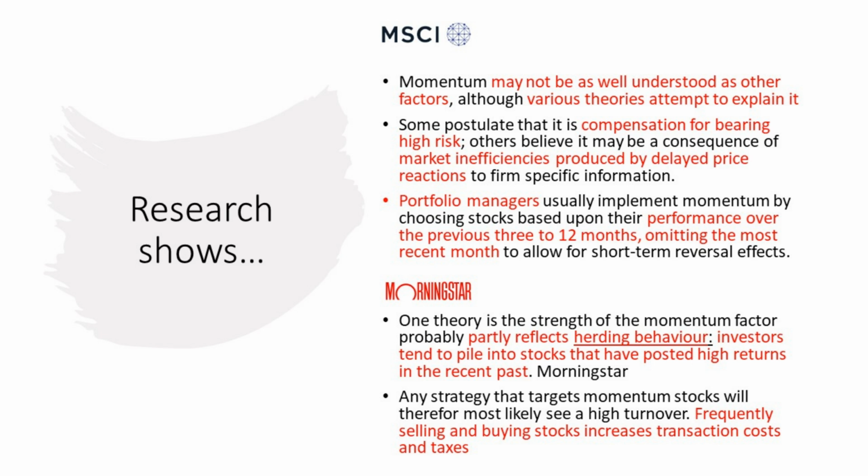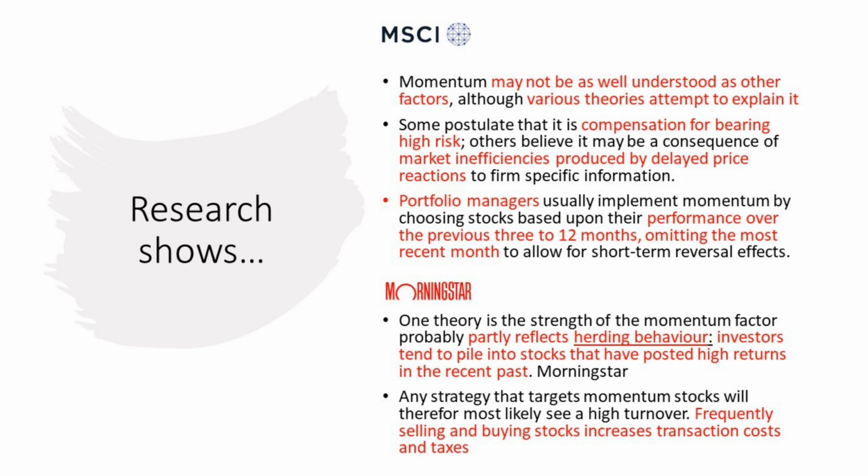Now, portfolio managers usually implement momentum by taking into account performance over the previous 3 to 12 months, omitting the most recent month, and then calculating a momentum score based on that. So there are other ways to do it than just the one MSCI has that we've showed you.